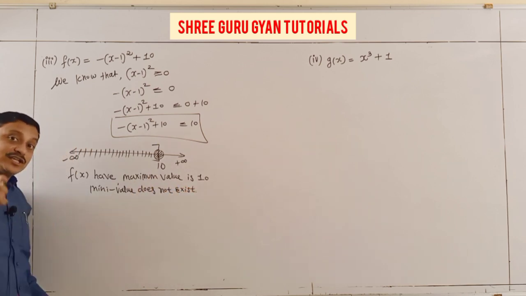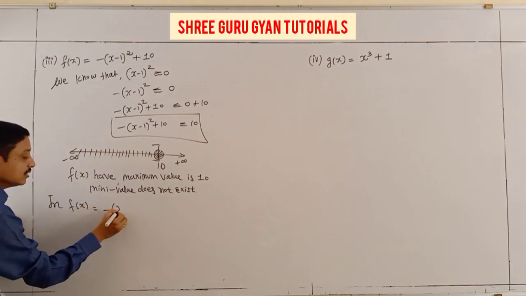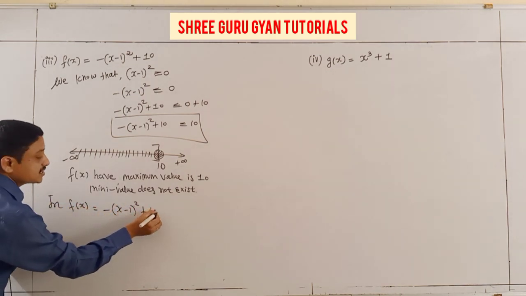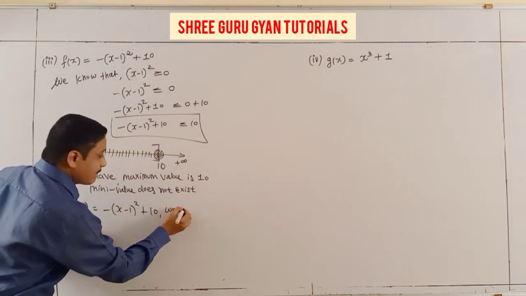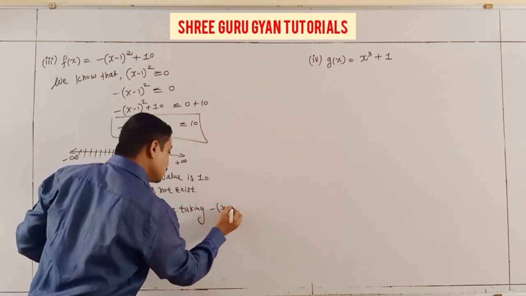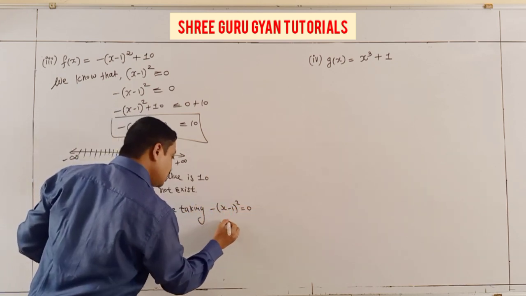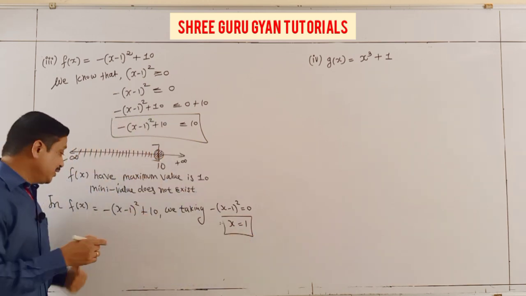Now at which place? So very easy. In f(x) = -(x-1)^2 + 10, we take the term -(x-1)^2 equal to 0. Surely you can get x is equal to 1. And that one you put in here.